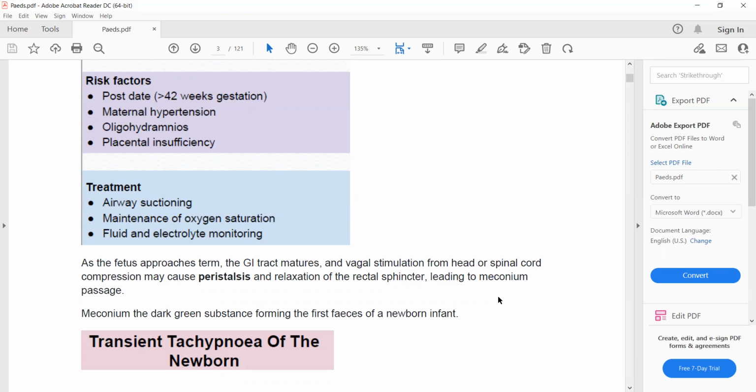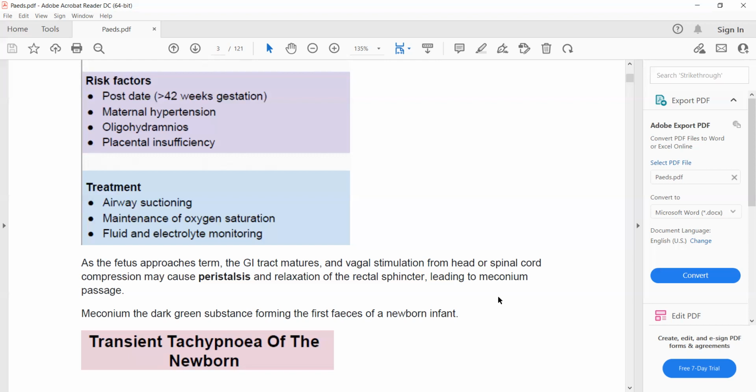So respiratory distress in premature infants, you will suspect respiratory distress syndrome, and respiratory distress in post-term babies, you will suspect meconium aspiration syndrome. How will you confirm your diagnosis? The other hint for both of these diseases: an infant with respiratory distress and X-ray shows bilateral ground glass opacities, your diagnosis will be respiratory distress syndrome.